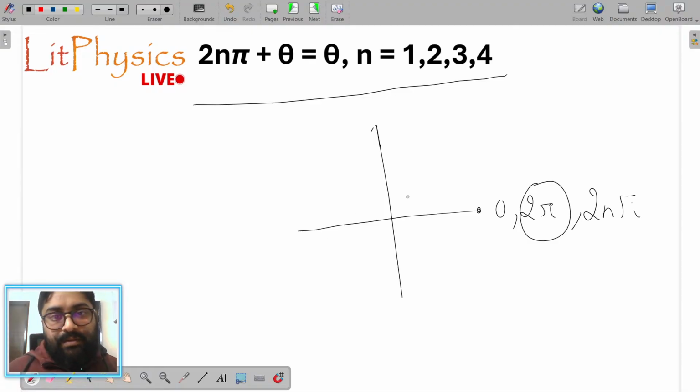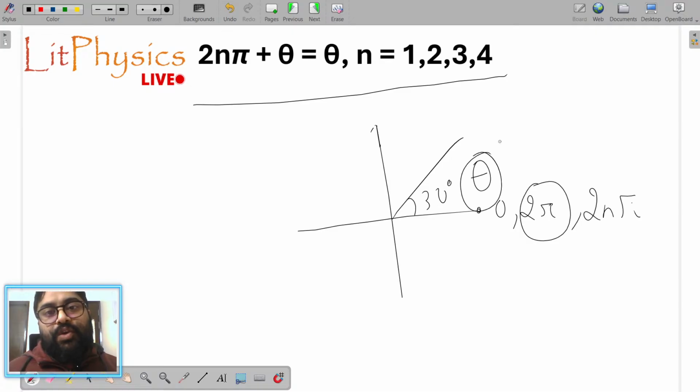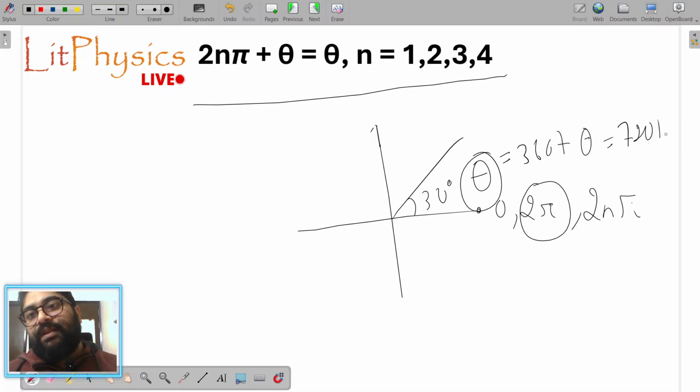For example, I have an angle of 30 degrees here. That becomes our theta. Now this is equal to 360 plus theta. This is equal to 720 plus theta. This is equal to, what will 3 be? 720 into 3, 2160 plus theta. All right.